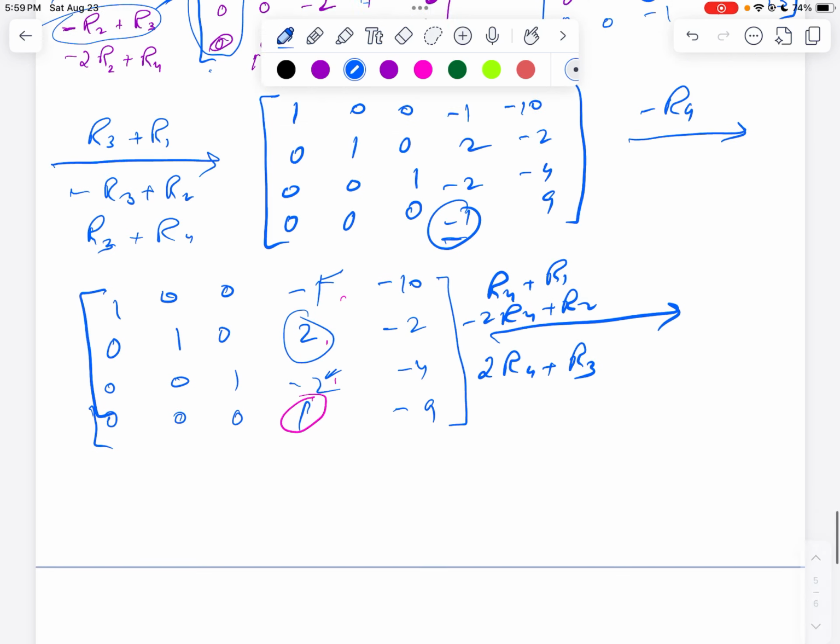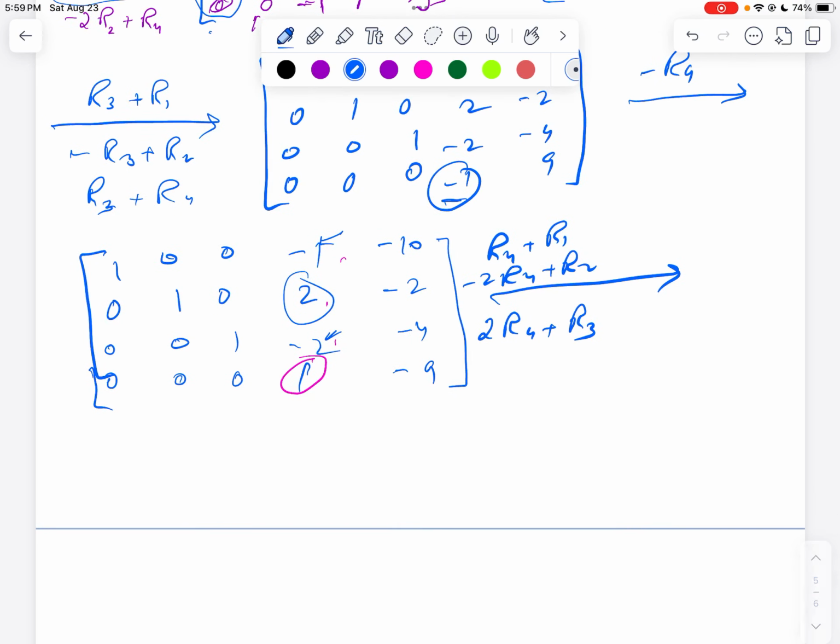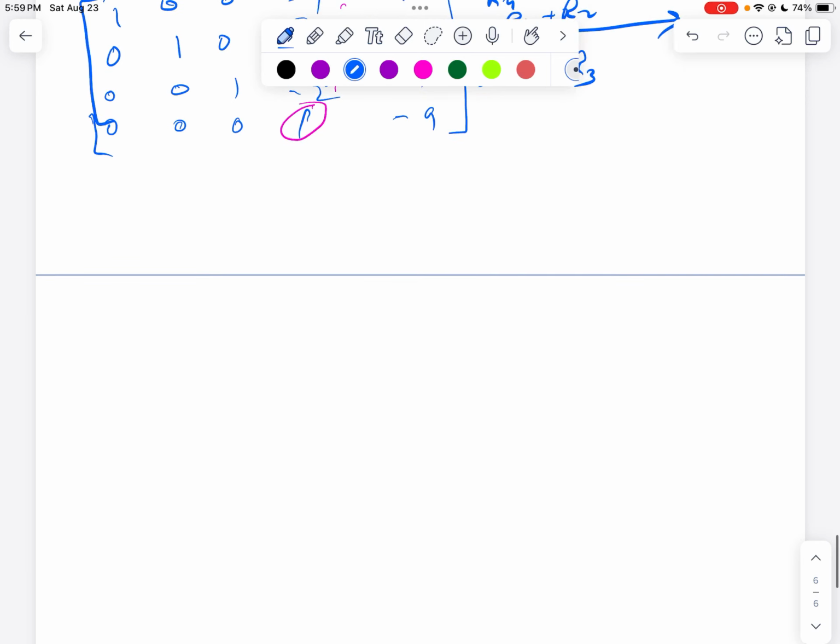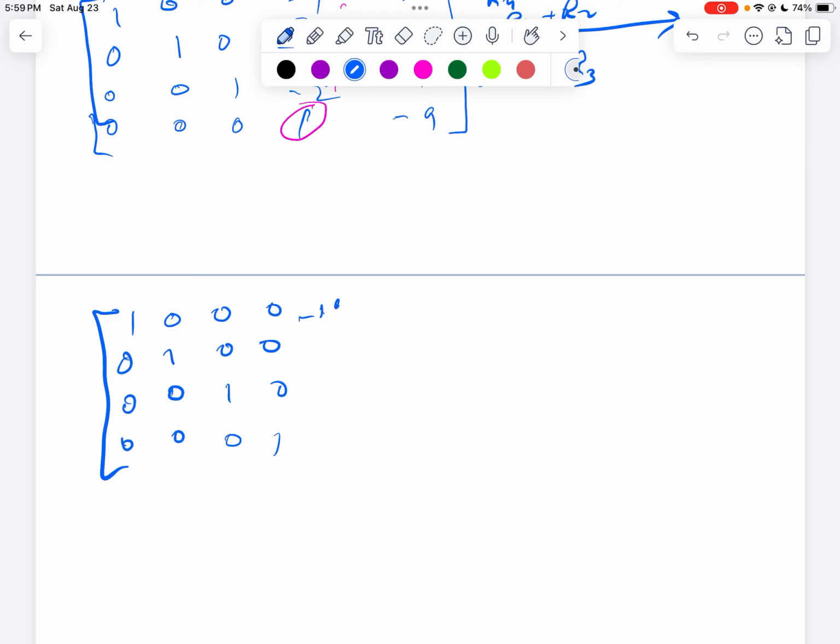So what matrix do we get? It will be 1 0 0 0, 0 1 0 0, 0 0 1 0, 0 0 0 1, and the last column will be negative 19, 16, negative 22, and negative 9.